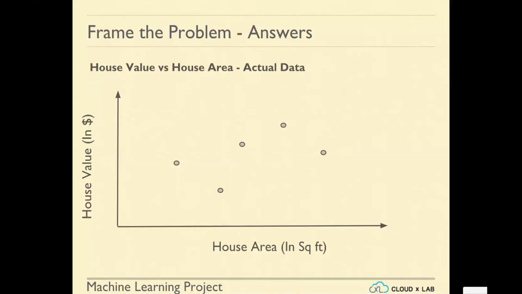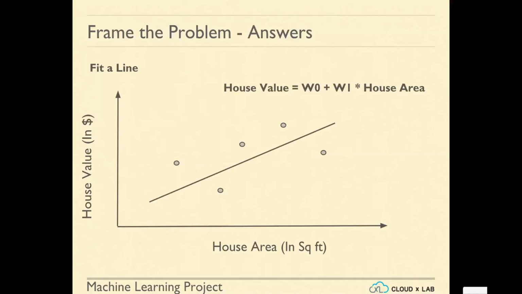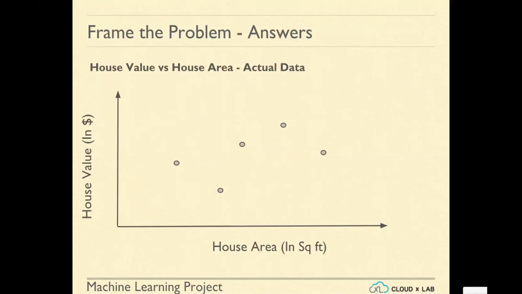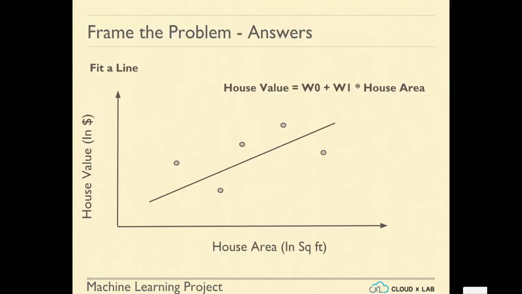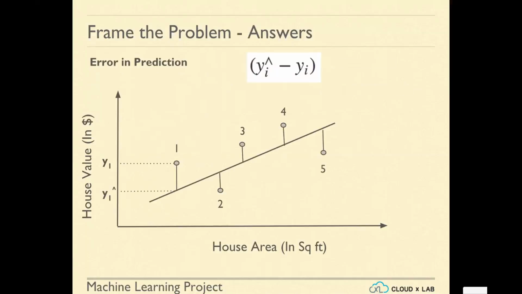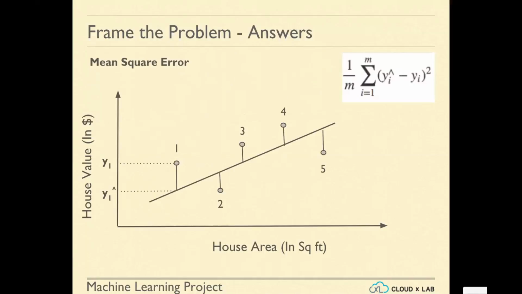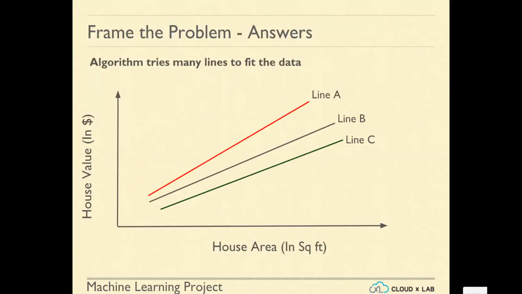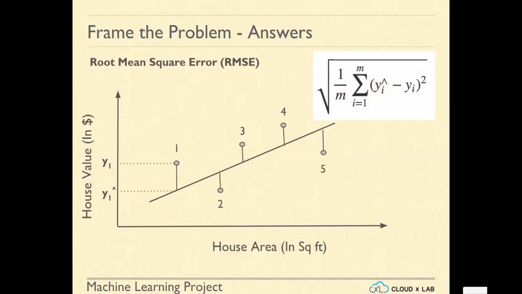Then we looked at the data. We started exploring the data. We tried to understand what it means to fit a line, and we talked about how to fit the line. When we are fitting the line, this is the error, and the overall error is computed by summing up all such values.